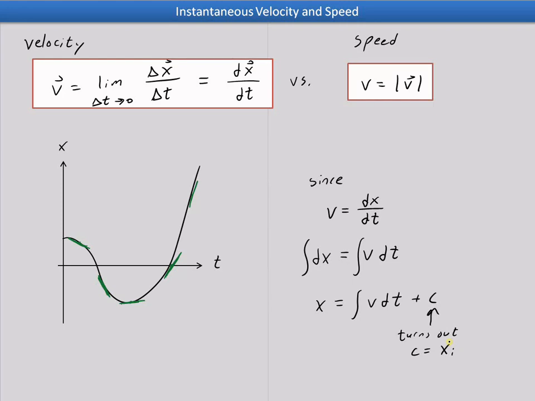So let's make a little sketch here on this next slide. So we'll do a coordinate system x and t again. So let's see, try and leave room for two of these graphs. So we'll have t and x.